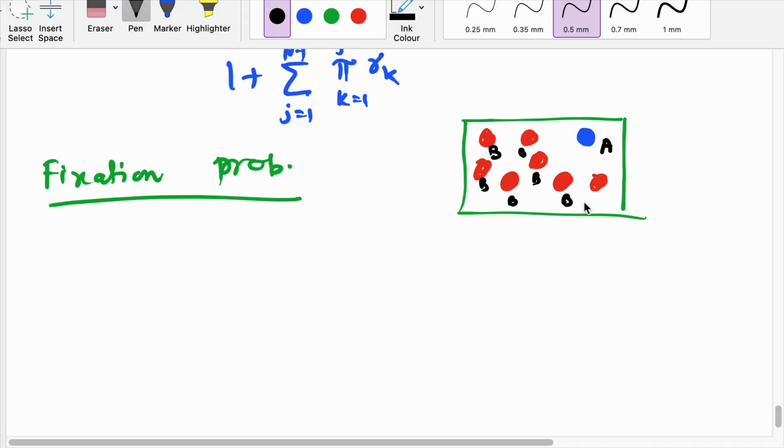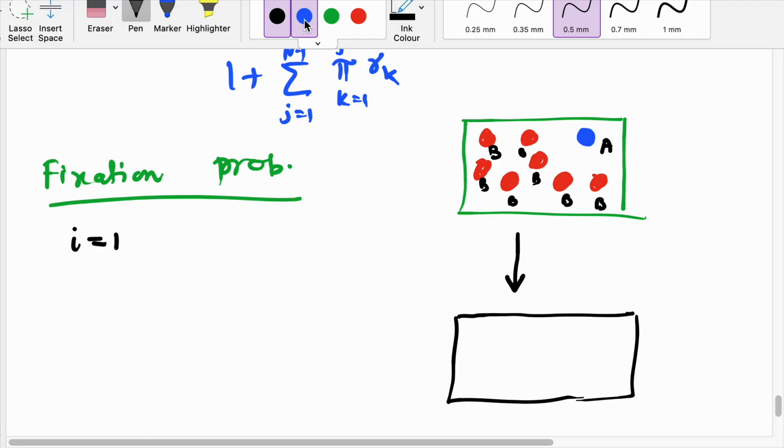So my population state is i equal to 1 by some mutation. Now what is the probability that in the long run A will fixate in the population, that is, that this population will become all A type?